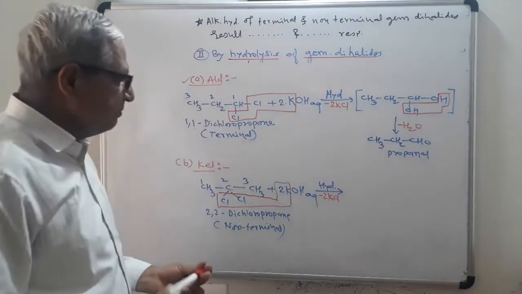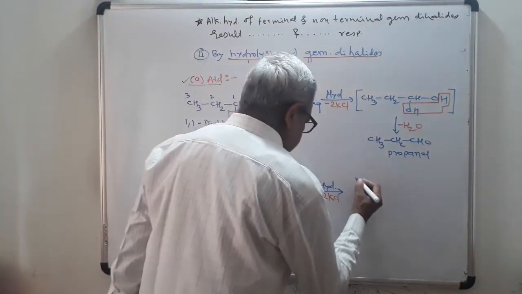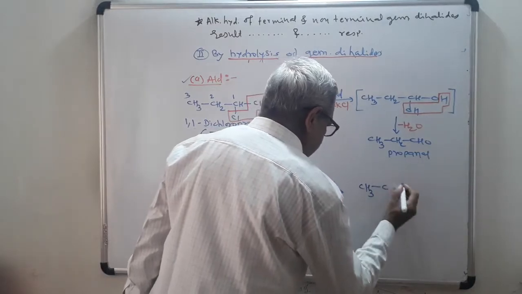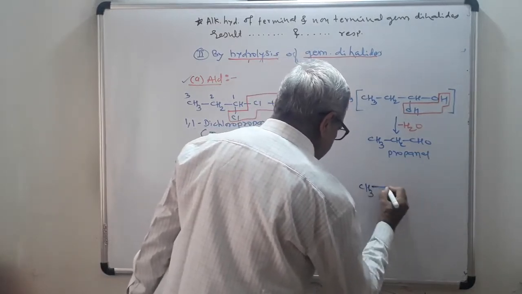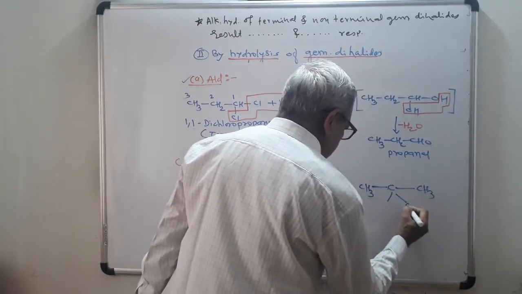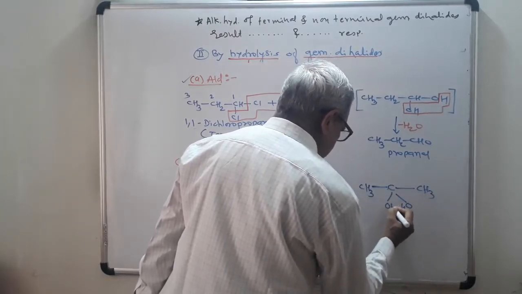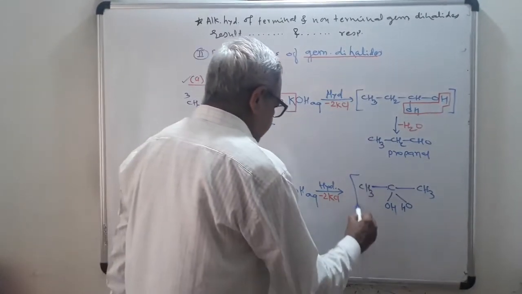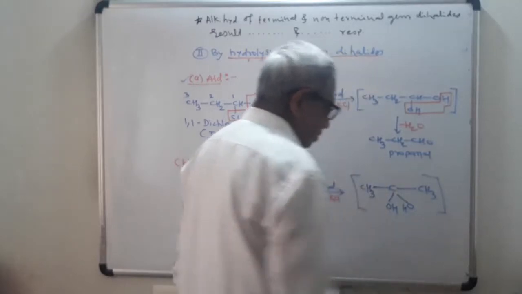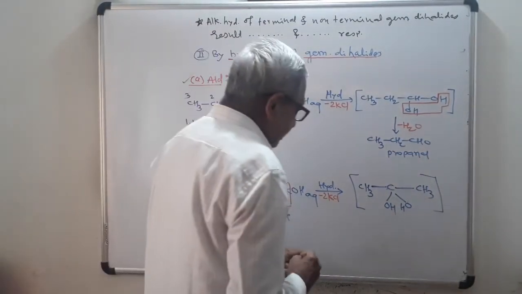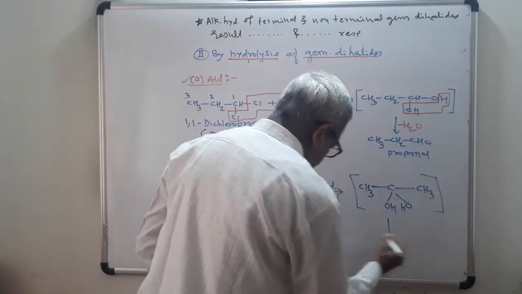So what is the remaining part? The remaining part is like this: CH3 C(OH)OH CH3. Now see, this molecule is highly unstable because two OH groups are attached to the same carbon atom. It will become stable when the water molecule is removed.